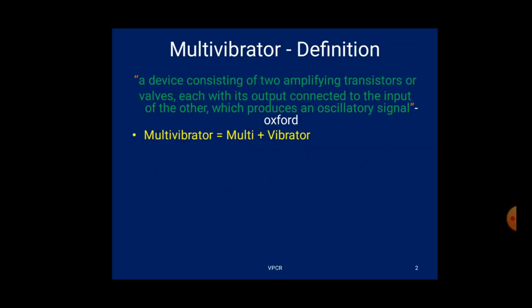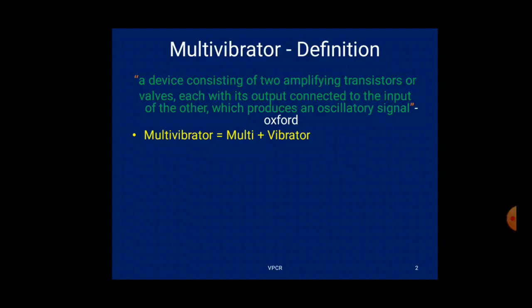So from this definition we can get some general idea, that is, this circuit is having two transistors and those transistors are connected in a cross coupled fashion, that is, one of the outputs is connected to the input of the other, vice versa. And this definition is saying that it produces an oscillatory signal, so that means it is generating some periodic signal. Okay, so this is the general definition from dictionary.